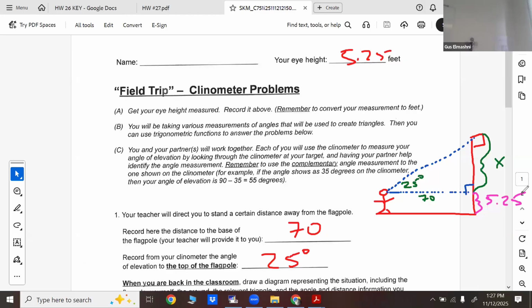When you solve it, I'll do this. Tangent of 25 degrees, tangent because you have opposite and adjacent, equals X over 70. You solve for it by doing this.